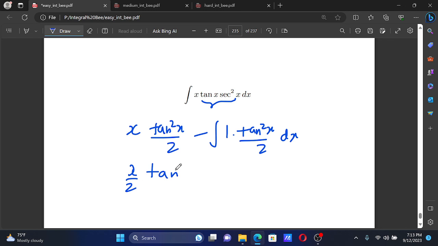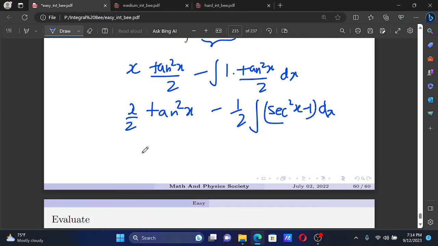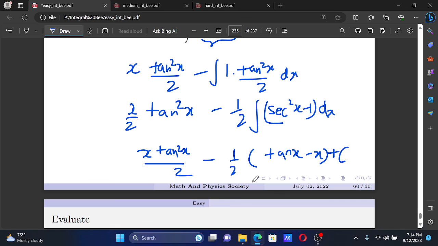So x times x by 2 times tan square x minus 1 by 2, so this will be sec square x minus 1 dx. And so x tan square x by 2 minus 1 by 2 tan x minus x plus c. So I guess this is the solution.